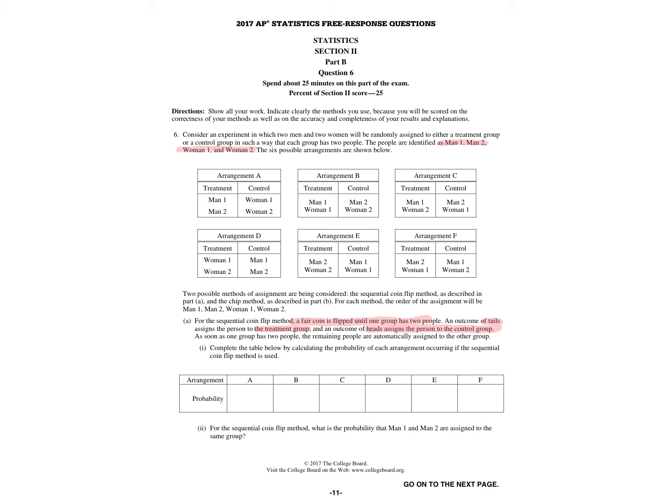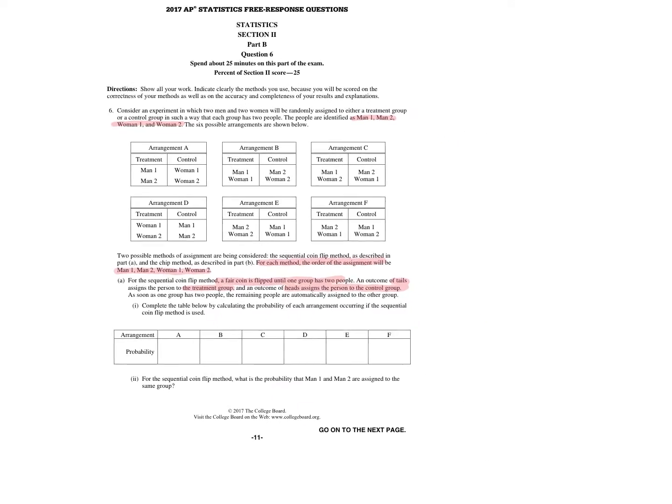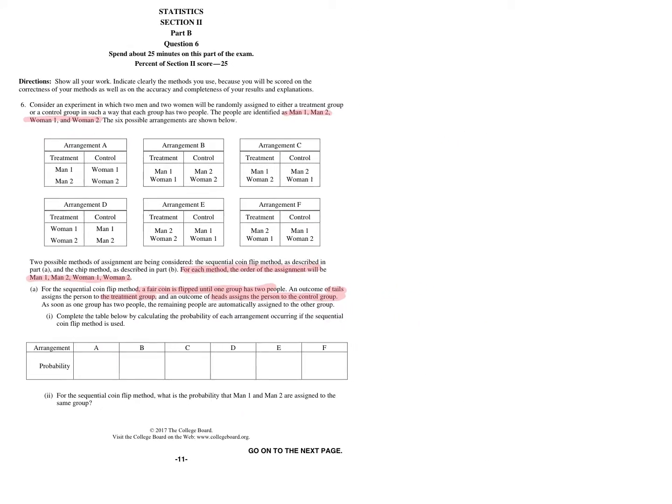It's really important that for each method, both the chip method, which we'll do in a moment, and this coin flip method, we do them in the order of man 1, man 2, woman 1, woman 2. This is going to make life a lot easier for us. If we didn't know that order, things would be a lot wackier. But luckily, we're fixing that. We're going to kind of sort of control that situation.